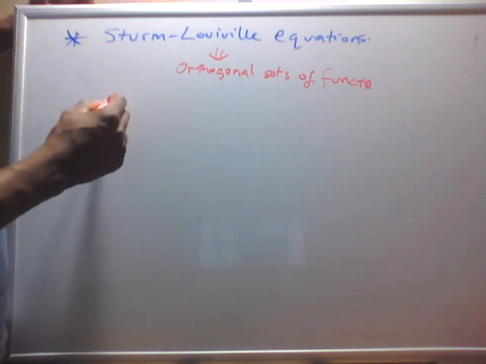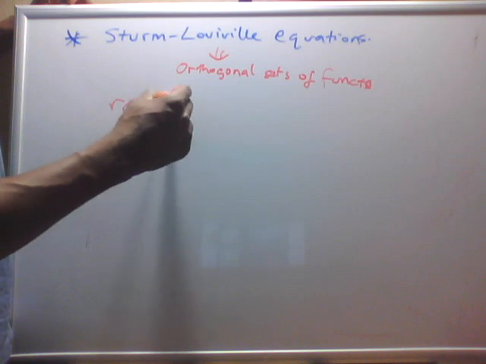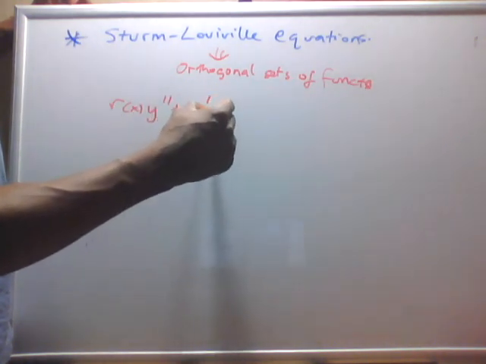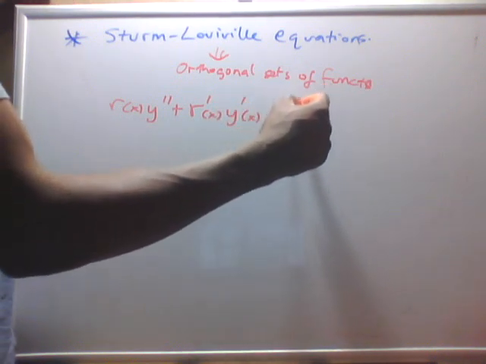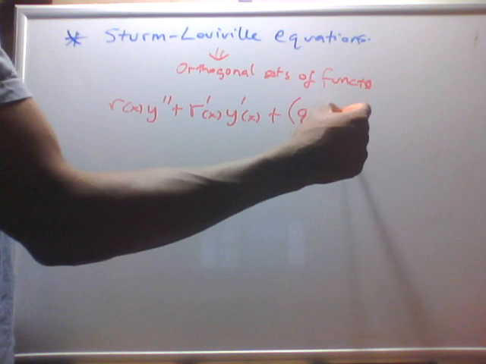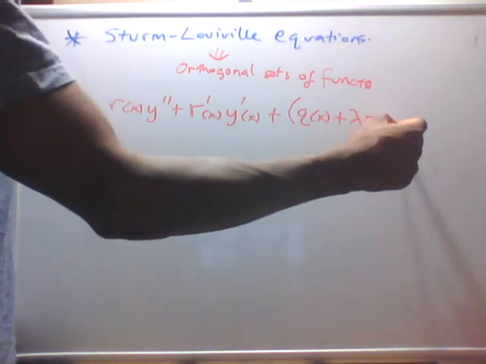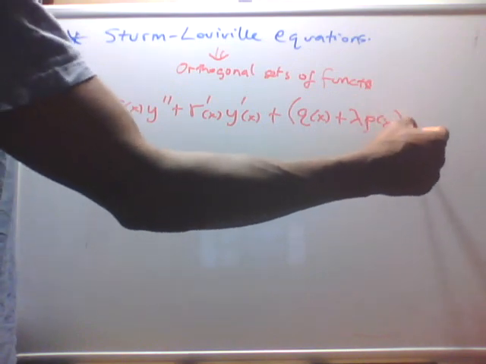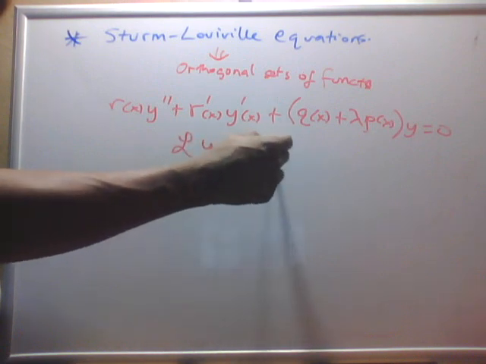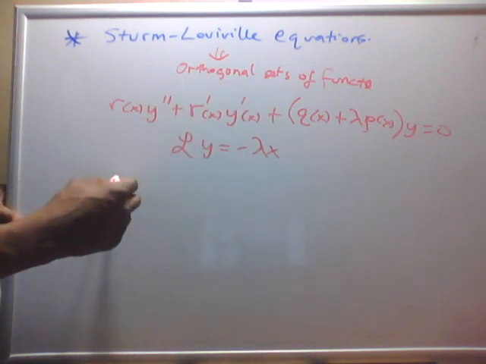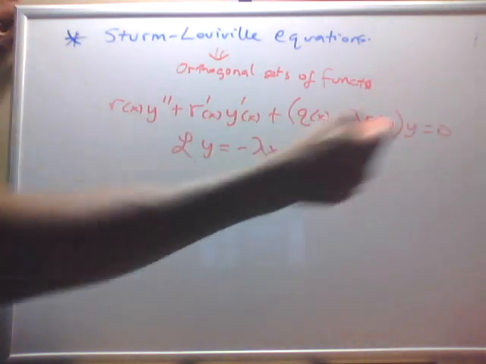Your book posed the general form for your Sturm Liouville problem as follows. Lambda p(x) is your weight function that we talked about in class. If I wanted to write it in the form Ly equals negative lambda y, I could, just by pulling this term to the other side.